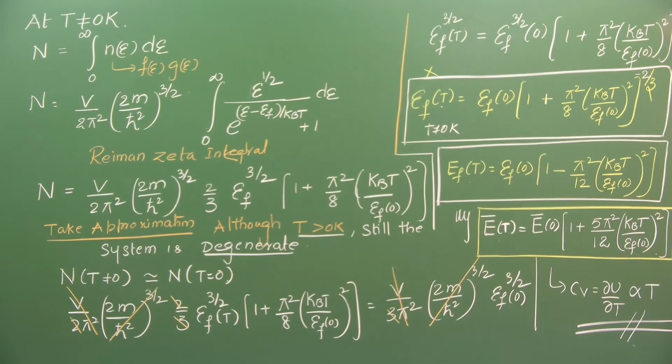Or sometimes they will write kB square outside, and after that, EF of 0 they will write as kB TF, then kB cancels into kB T by TF whole square.